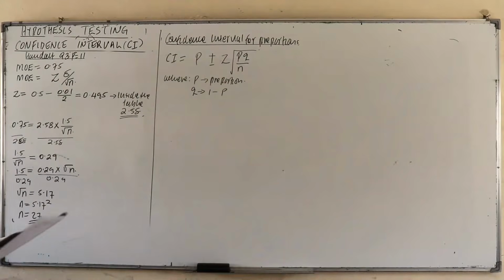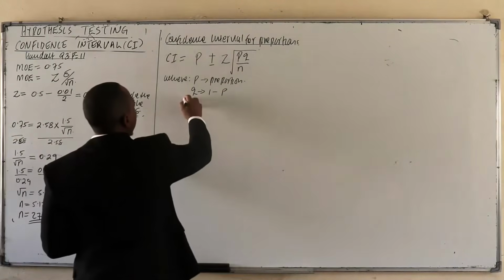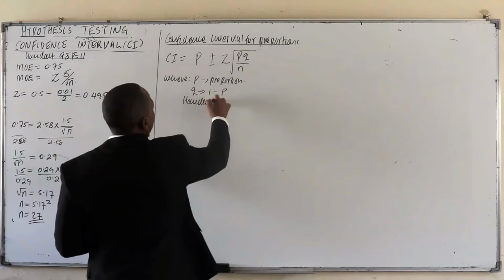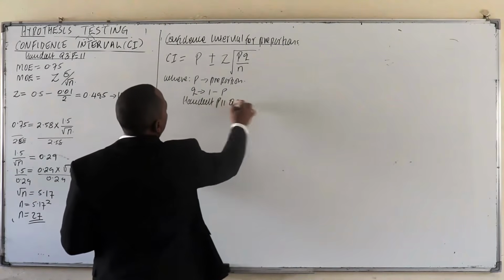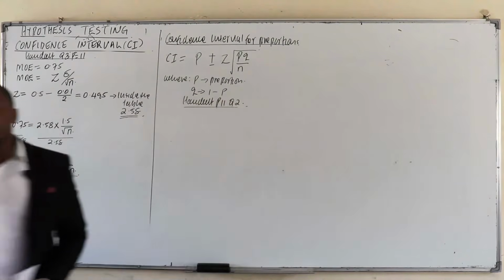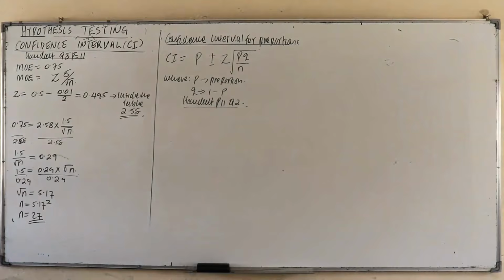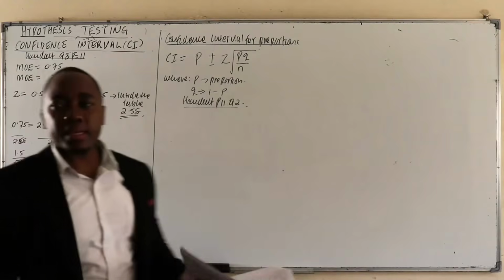I'll do an illustration. The same page, handout page 11, question 2. In a sample of 200 voters, 80 voters were in favor of reintroducing the death penalty.